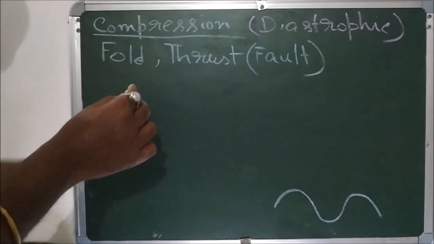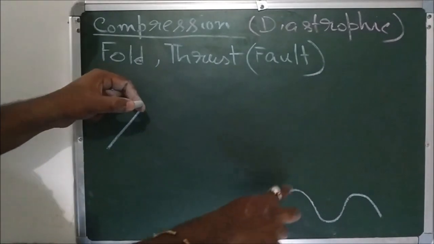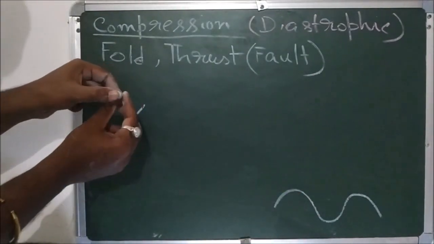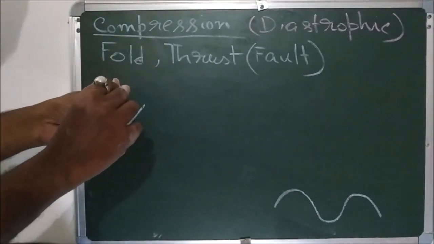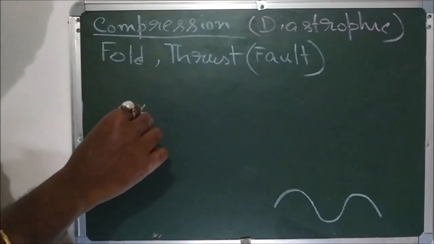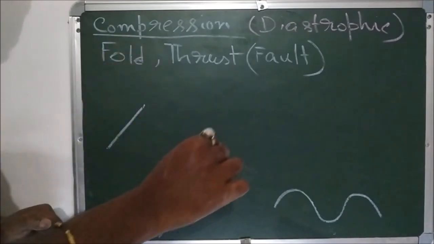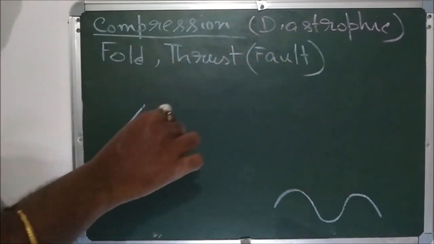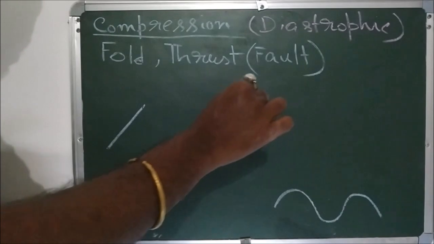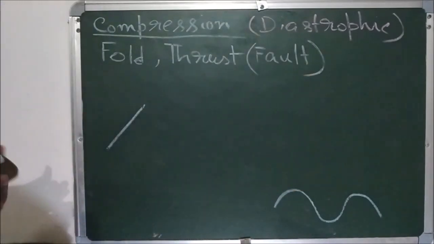Suppose this is the line, and if we move this line in sinuous curve nature in this way, this will generate a folded terrain.